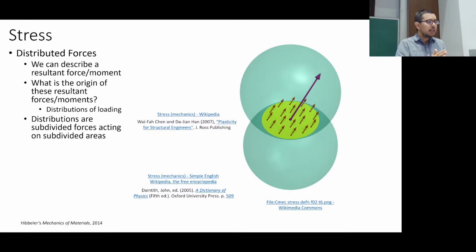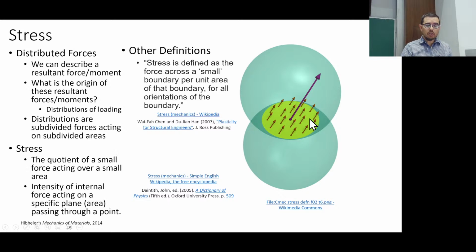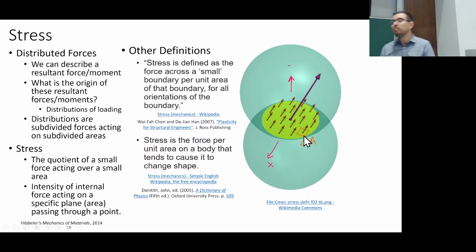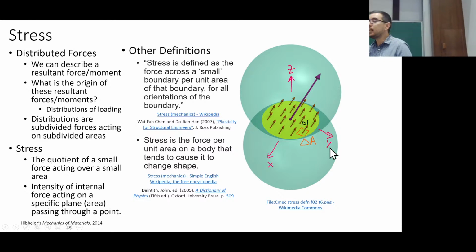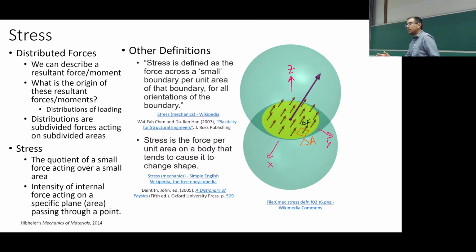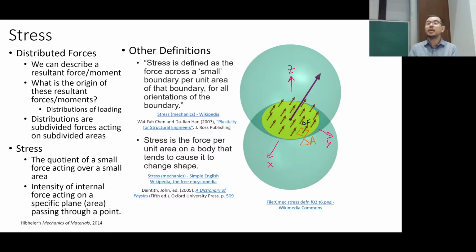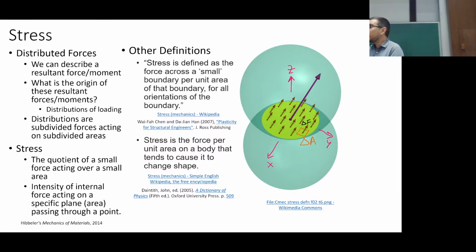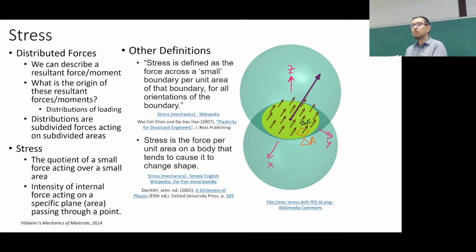So what we do is think of dividing all these little forces over these little areas. Those become our delta A's, and as we go infinitesimally small, we can have these delta F's over these delta A's that become, for the sake of calculus, dF's over dA's.